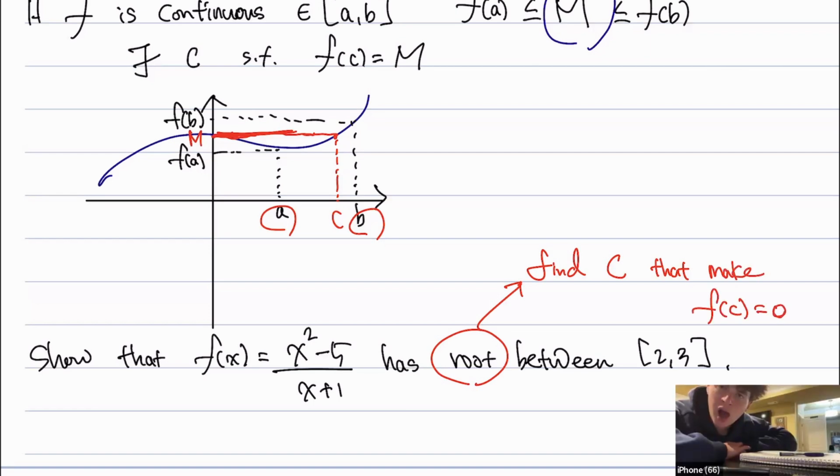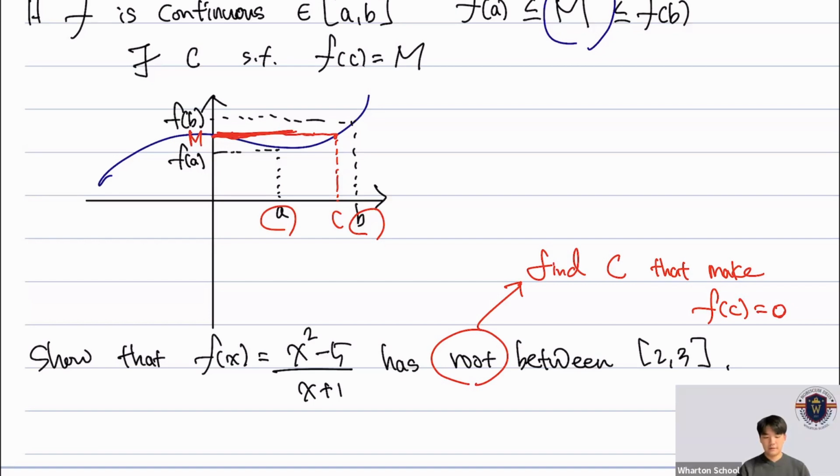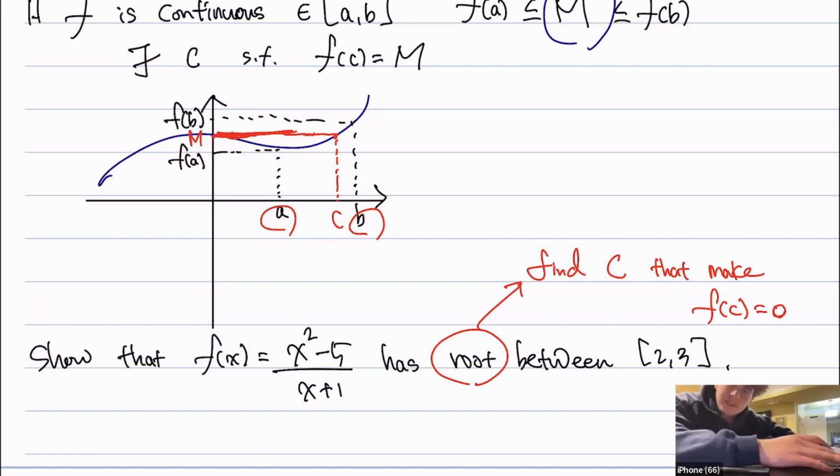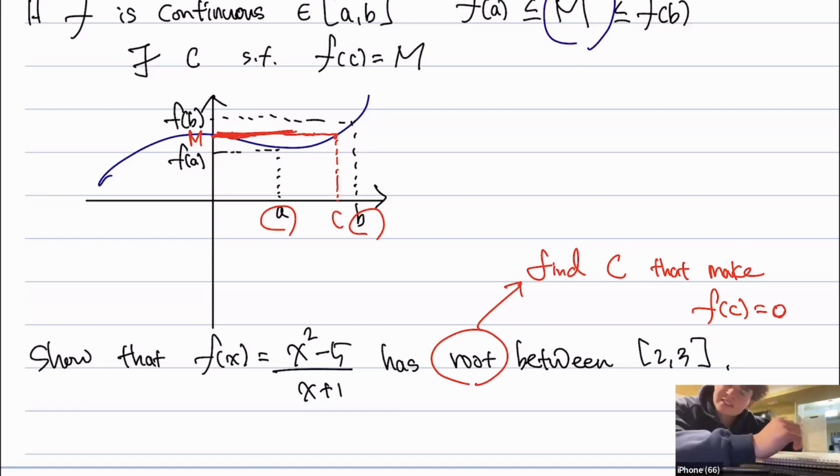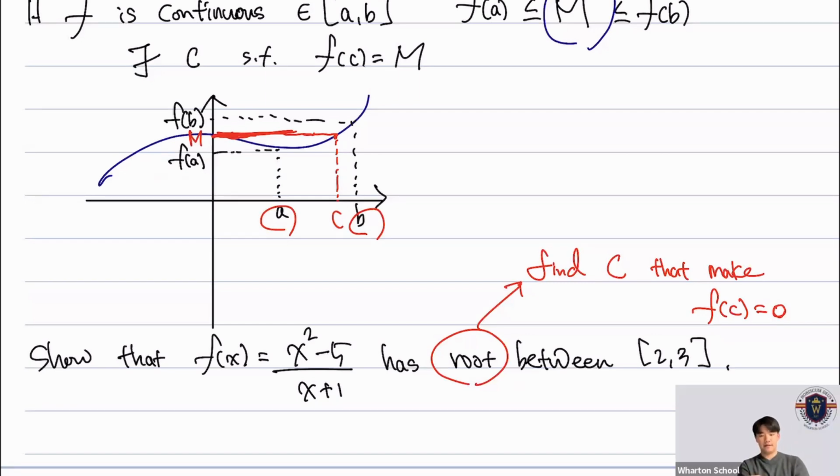Would it be root 5? Because that would make the top 0. Yes, it would be root 5, but you have to prove that.